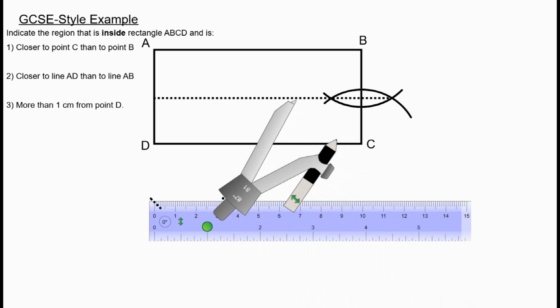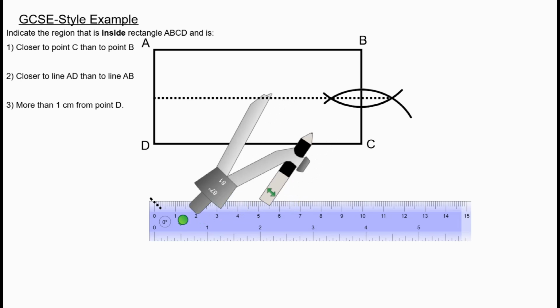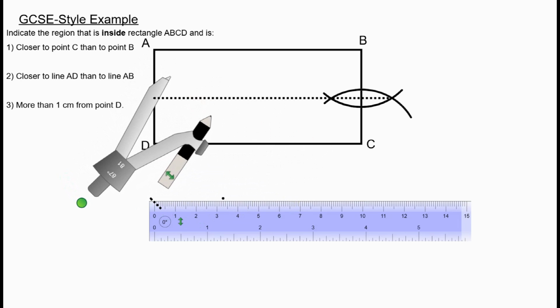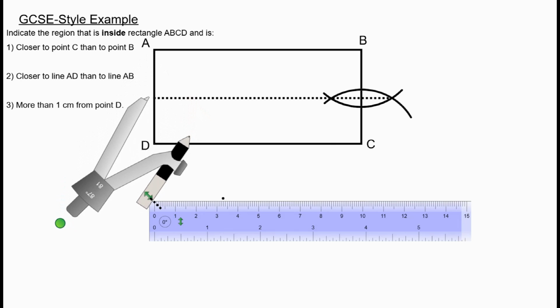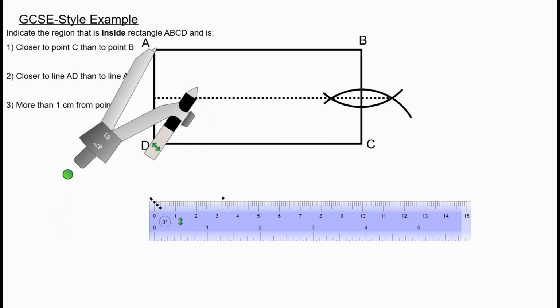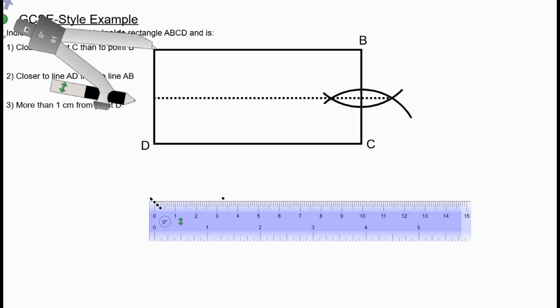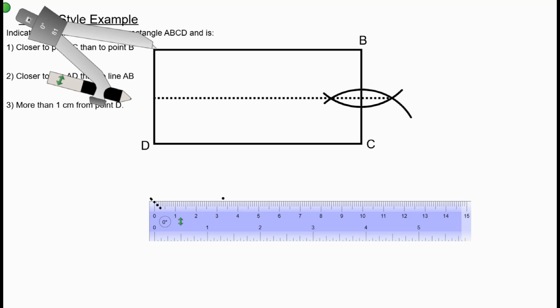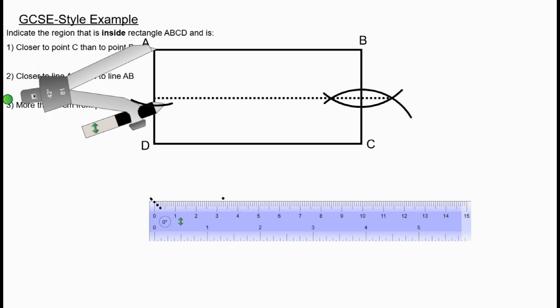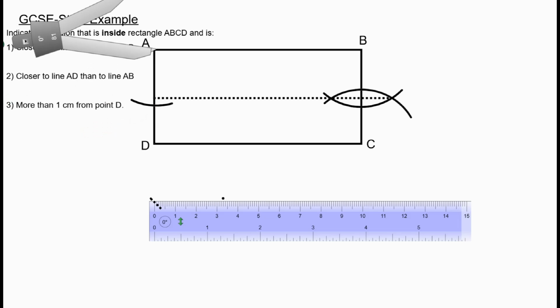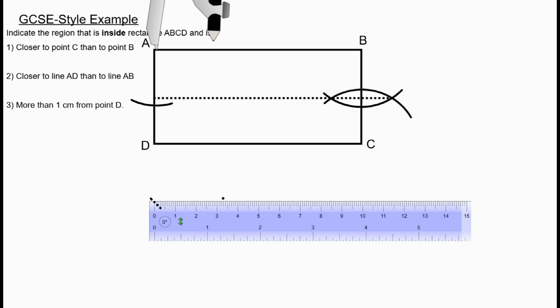We now need to indicate the points that are closer to AD than to AB. So I'm going to draw the angle bisector of DAB. So there we go. I'm just going to draw an arc, leave my compass just as open as it was, and draw another arc. Put my compass point on one of the arcs that I've drawn, and draw another arc.